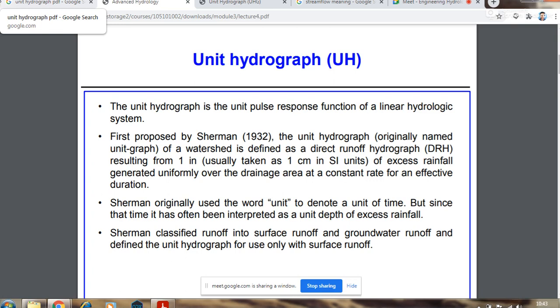Okay, so it is the excess rainfall of 1 inch generated uniformly over the drainage area at a constant rate for an effective duration. The duration will be a few minutes to even a few hours also.